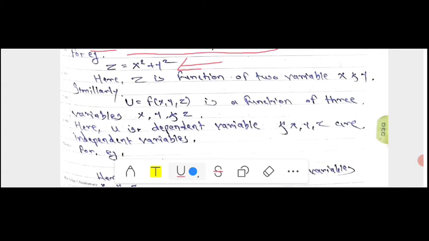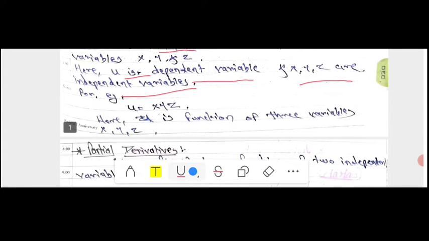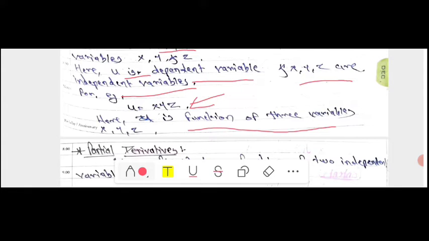Similarly, u = f(x, y, z) is a function of three variables x, y, and z. Here u is the dependent variable and x, y, z are the independent variables. For example, u = xyz is a function of the three variables x, y, z.